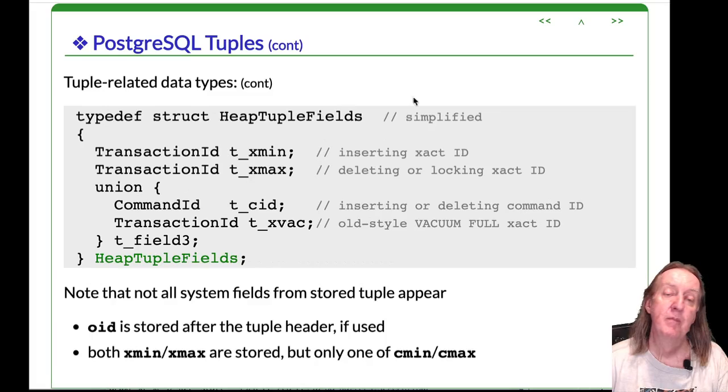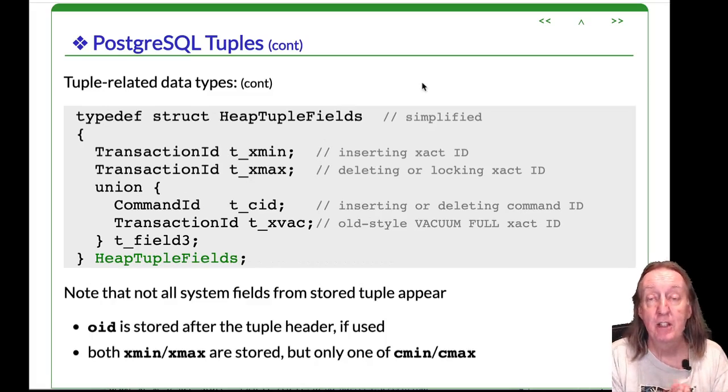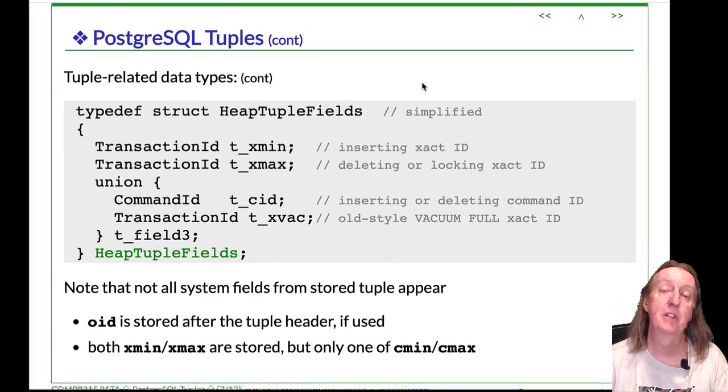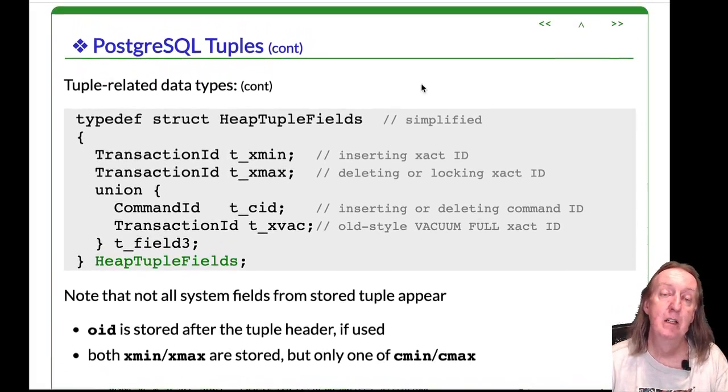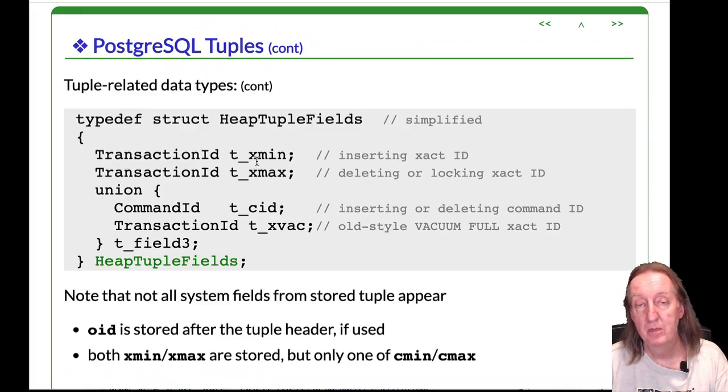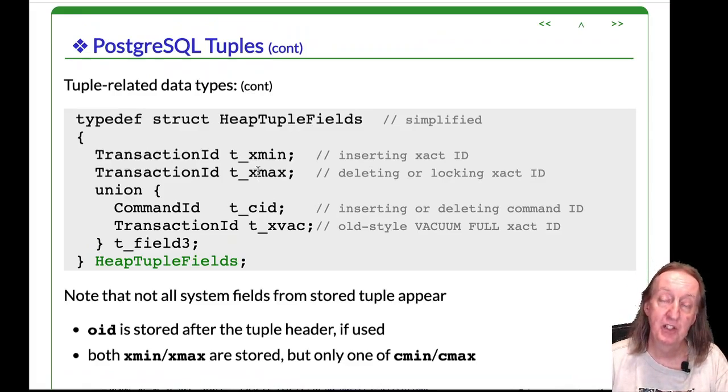Right, so here are the fields that are right at the start of the heap tuple header: the inserting transaction, the deleting transaction, and then we've got a field which has two purposes.